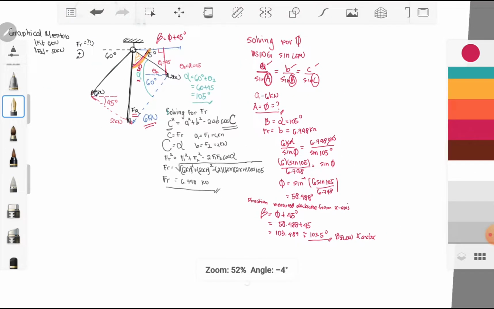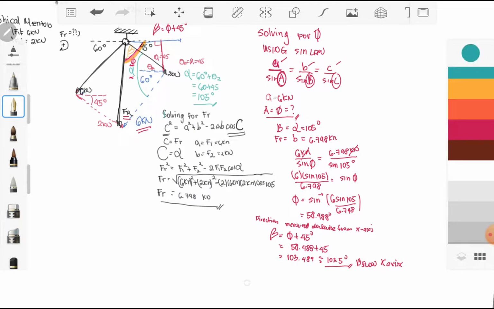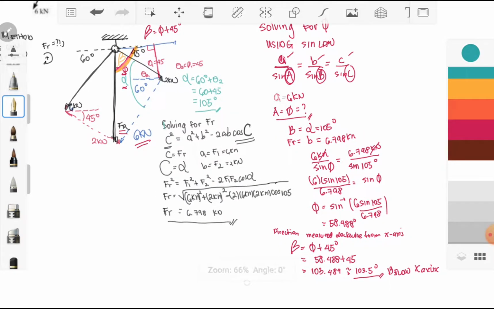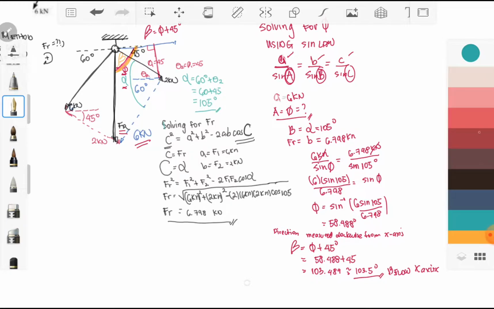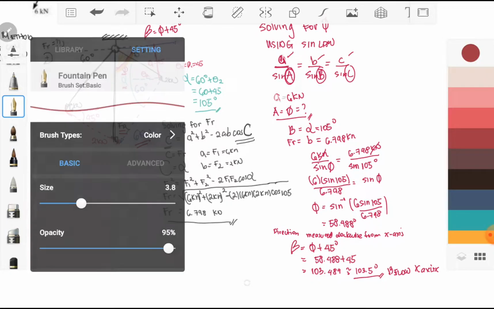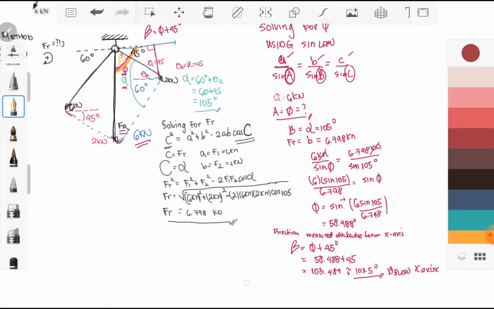Therefore I may project my force as this one, with 103 degrees. So this is 90 degrees, so I will project this one 90. So this is our FR, 103 degrees below the x-axis.